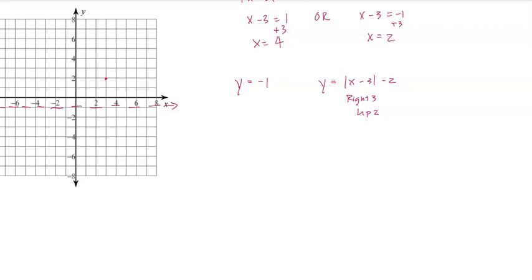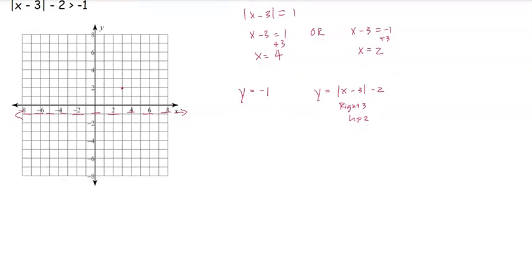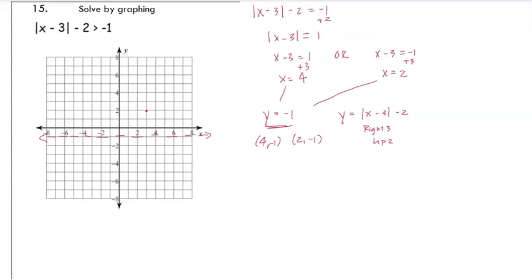And we know that this is going to be using these two. It's going to be 4, negative 1. I mean, because y is going to be negative 1. That's the intersection point. So y is going to be negative 1, because those are the intersection points.